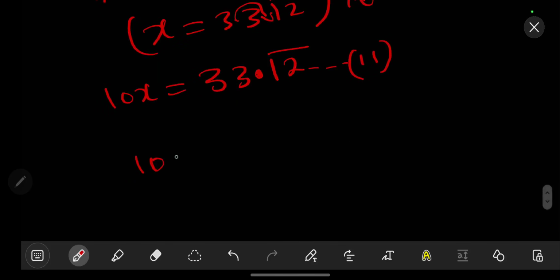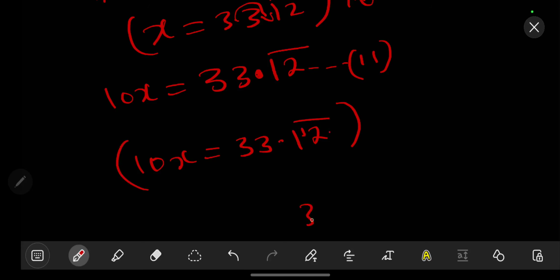Then 10x is equal to 33.12 repeating. The number you multiply with must move the decimal point 2 times, because in 33.12 repeating we have 1, 2, 1, 2, 1, 2, the digits continue like that.